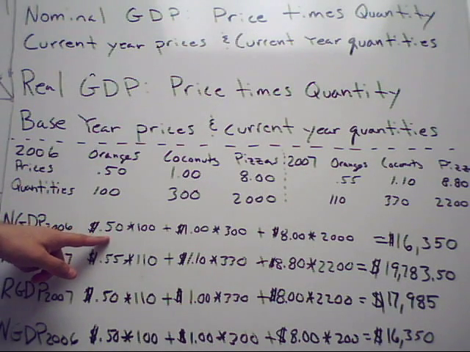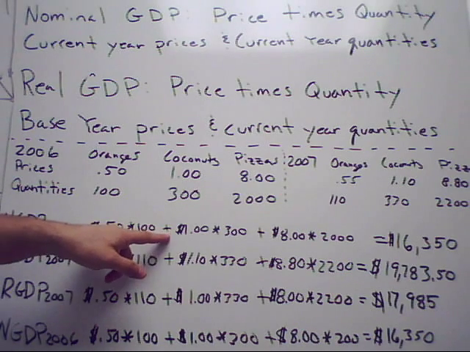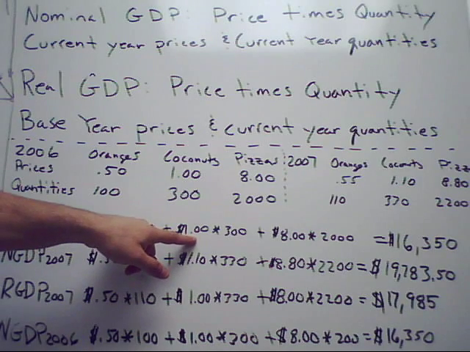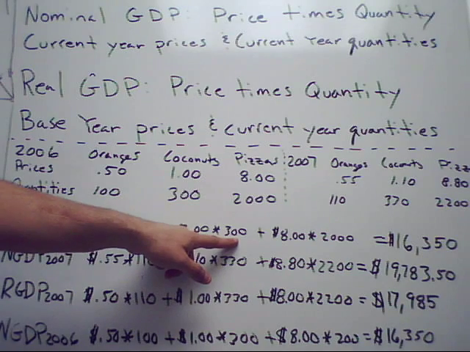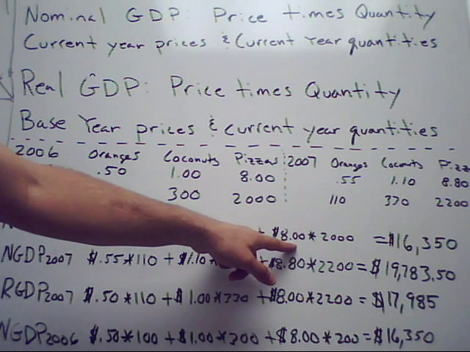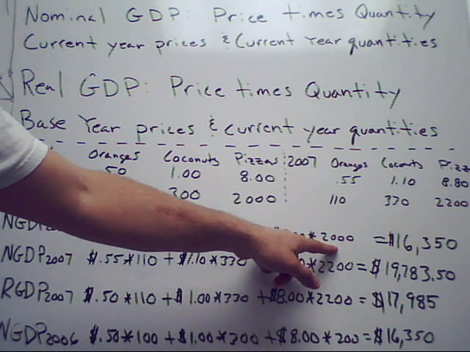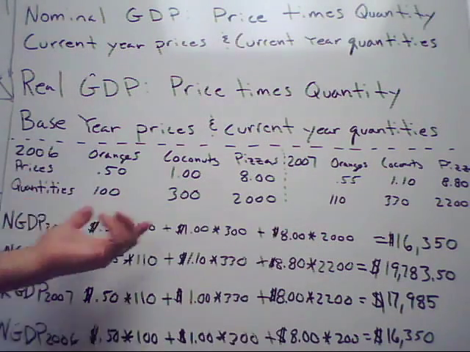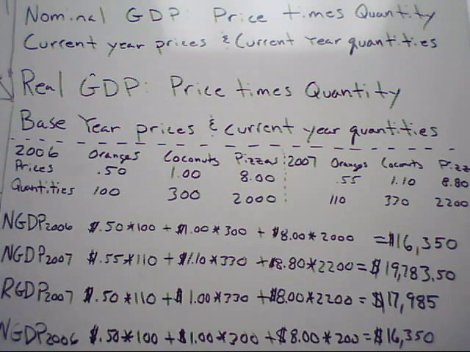So 2006 prices of oranges times the 2006 output of oranges plus the 2006 prices of coconuts times the 2006 output of coconuts plus the 2006 prices of pizzas times the 2006 output of pizzas. If I do these calculations and add them together, what I get is a total GDP, nominal GDP, of 16,350.